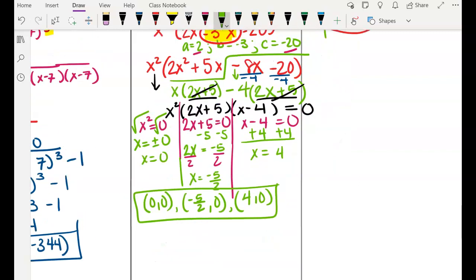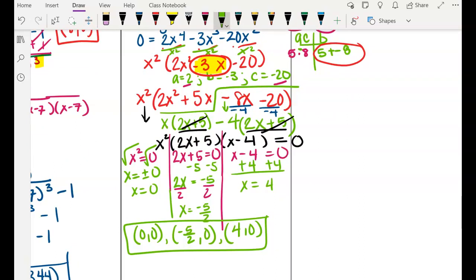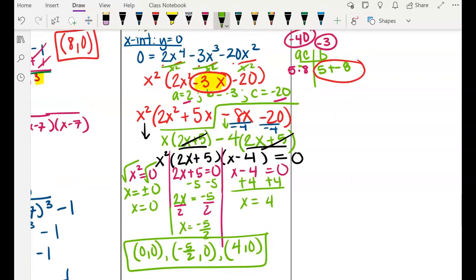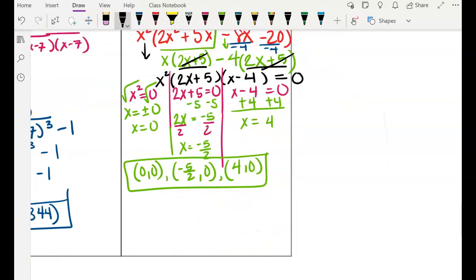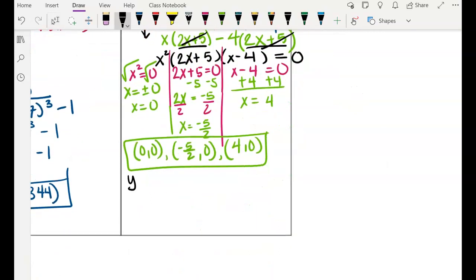Now, y-intercept is when x equals 0. So let me pinch this in because I need to see the original equation really quickly. Y equals 2x to the 4th minus 3x to the 3rd minus 20x squared. Ooh, we have 3 x locations. So that means, students, we need to substitute x in 3 different times, right?